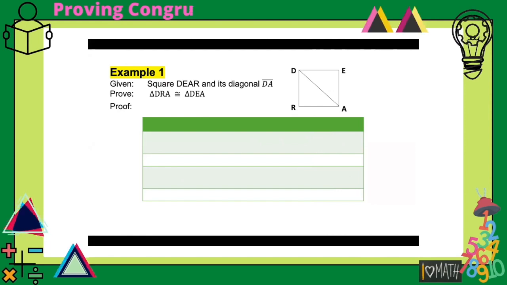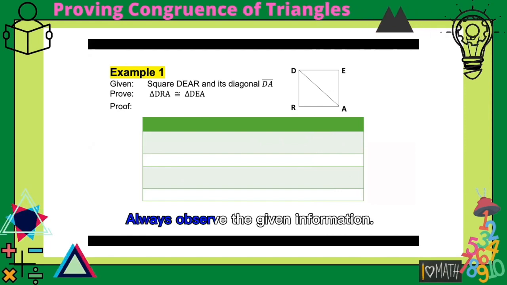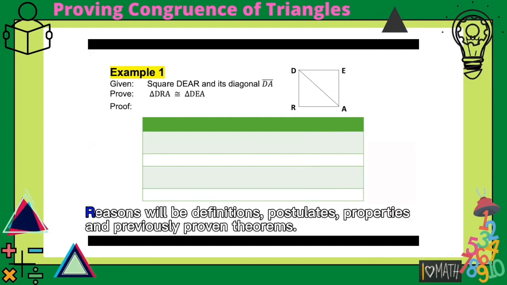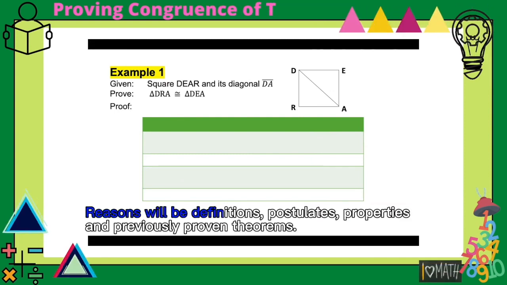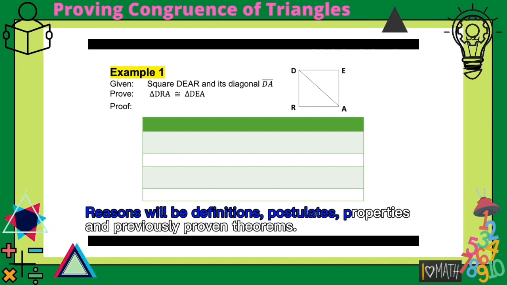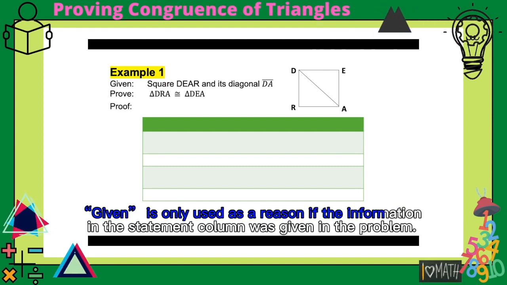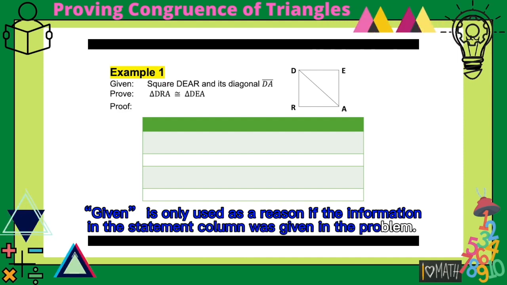Again, in writing the proof, always observe the given information. There must be a reason in every statement. Reasons will be definitions, postulates, properties, and previously proven theorems. Given is only used as a reason if the information in the statement column was given in the problem.